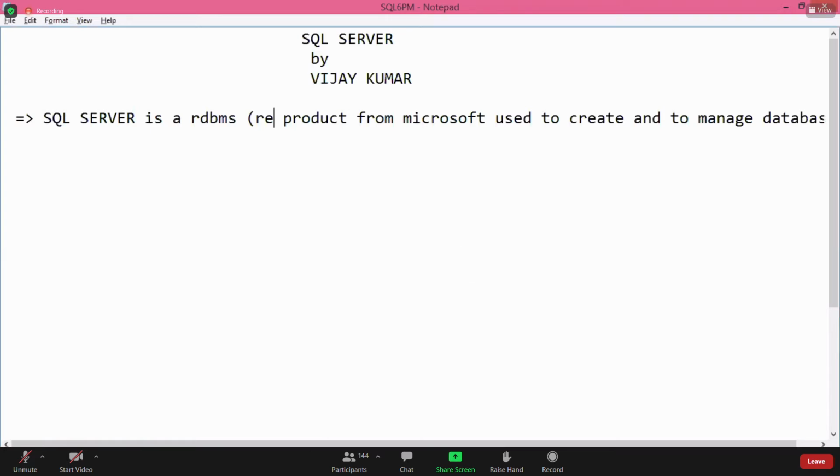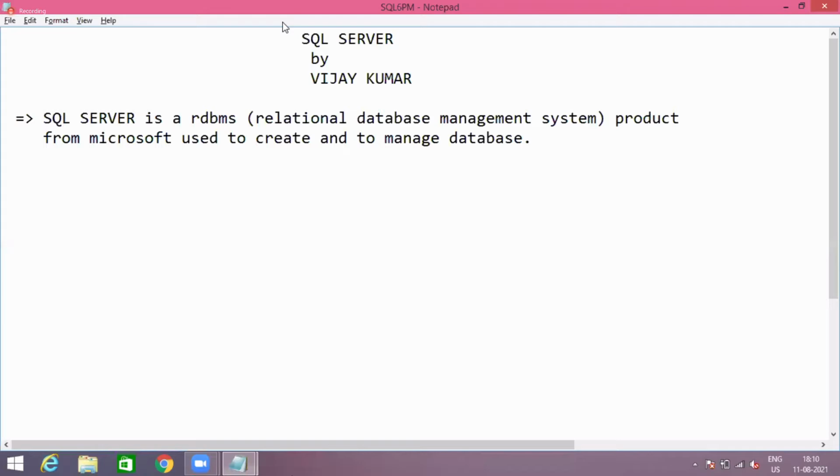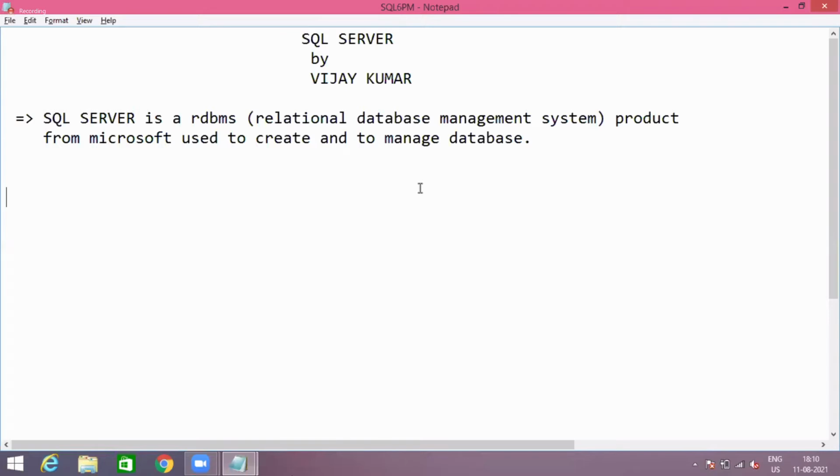If you want to create a database, or if you want to maintain a database, then you use SQL Server software. SQL Server software is mainly for creating and managing databases.